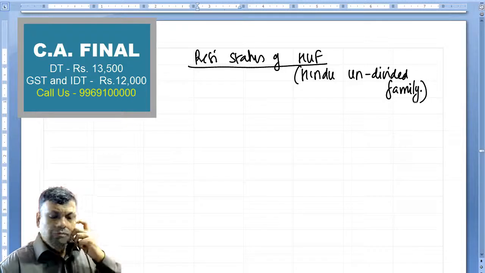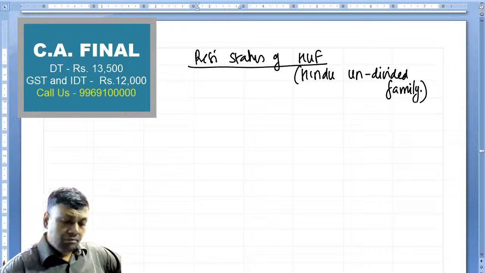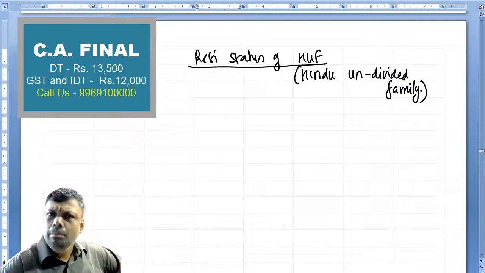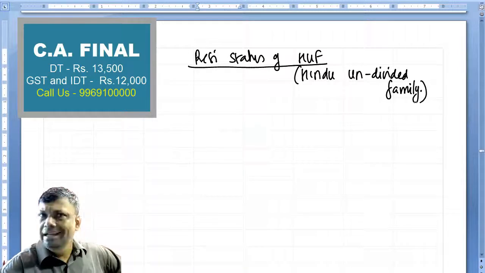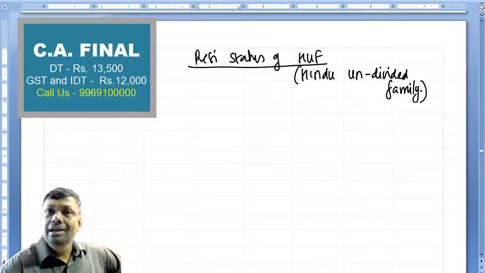Very basic thing, as the name by itself suggests, it is Hindu Undivided Family, so only Hindus can have that. People who are not Hindus cannot have that. For example, Muslims, Parsis and Christians are governed by separate personal laws, so those people cannot have HUFs.